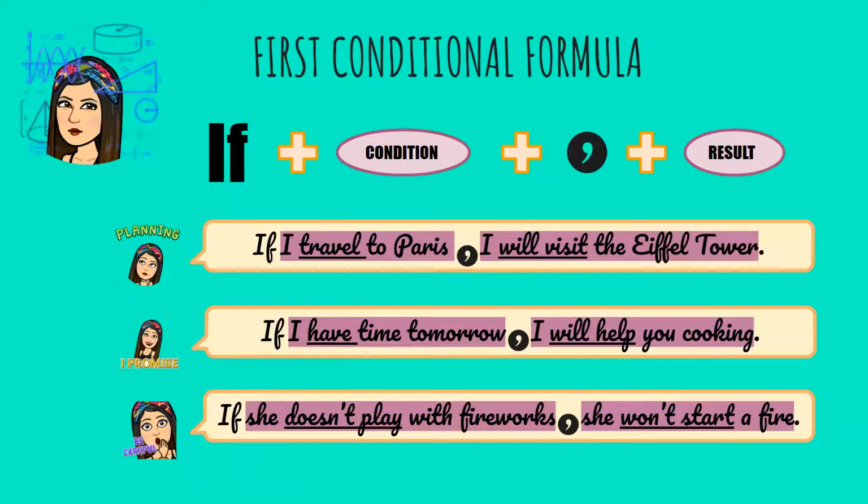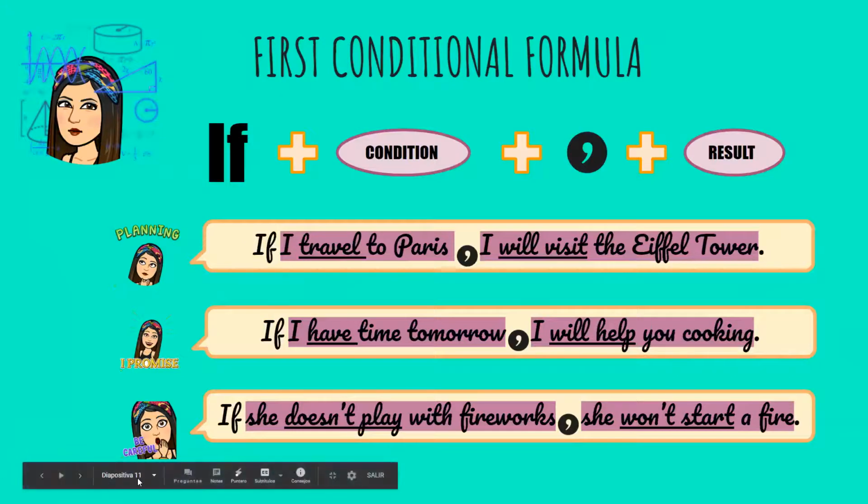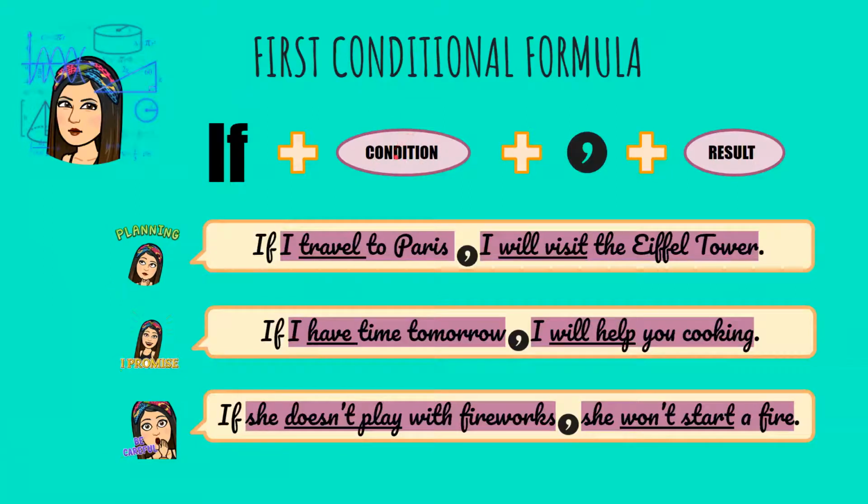So, what is the first conditional formula? Well, as you can see, we're all the time repeating the same structure. We use if plus the condition that I observe in the present. We need to introduce this orthographic symbol, the comma, and finally we express the result.